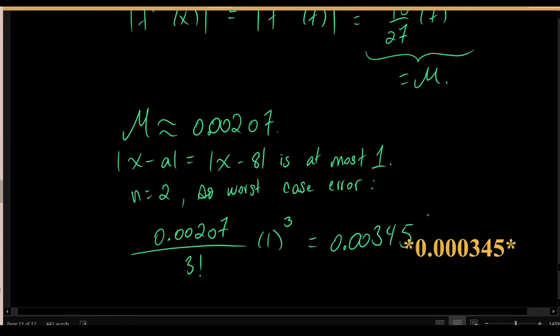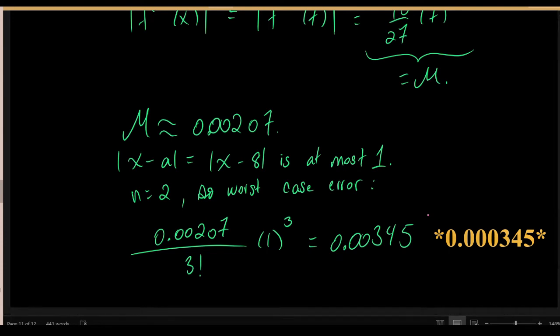That comes to 0.00345. That is the largest possible difference between our approximation using the second degree Taylor polynomial and the function's actual value. Not bad at all.